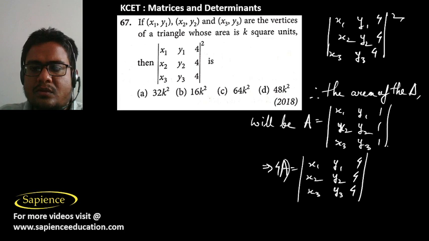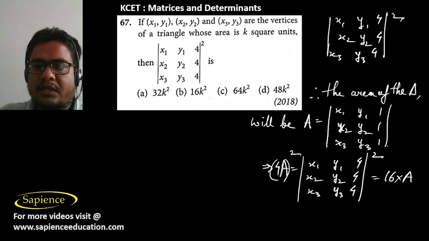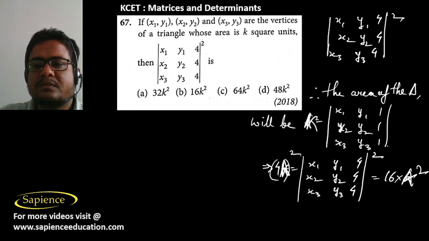Then if we take the whole square on both sides, it will be 16 times the square of the area. If the area is k, then it should be 16k squared. Option B is the correct answer.